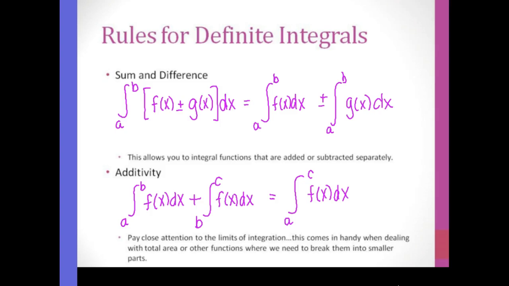What you're doing is taking triangle A and adding it to triangle B. So they have to start and end at the same spot. It goes A to B, so this one ends at B. The next one has to start at B. So that's like finding the total area from A to C. The B's in the middle sort of cancel each other out, even though we're adding them together separately.